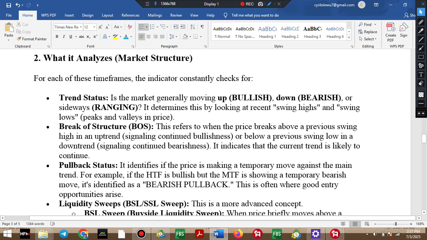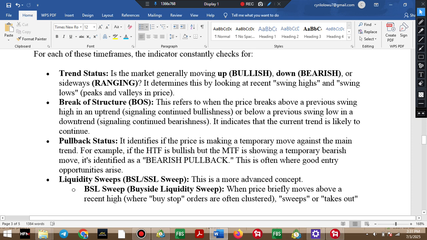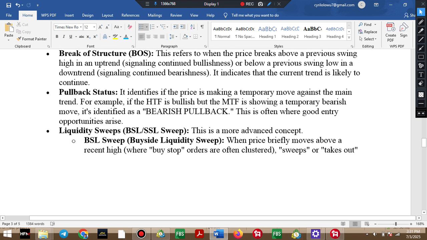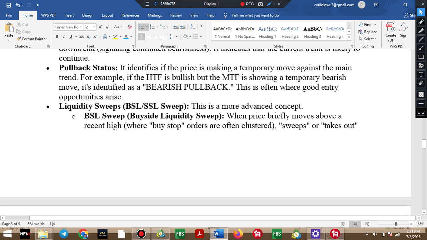For each of these time frames, the indicator constantly checks for trend status, right? If it is bullish or bearish, break of structure. If there's a break of structure which is bearish or bullish, then it also checks for pullback, which I explained just like what the other version does. Then it also checks for liquidity too. Are you getting it now?